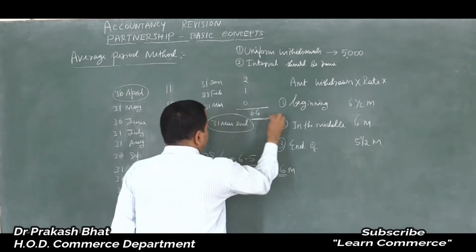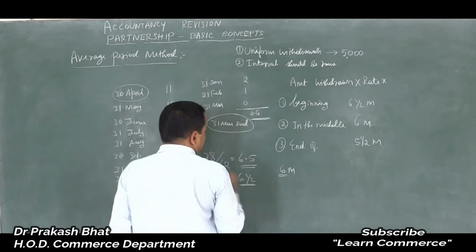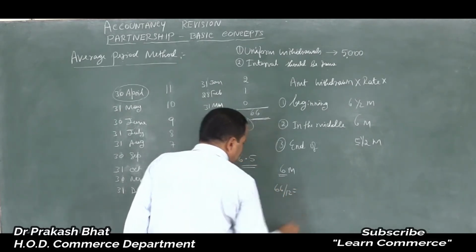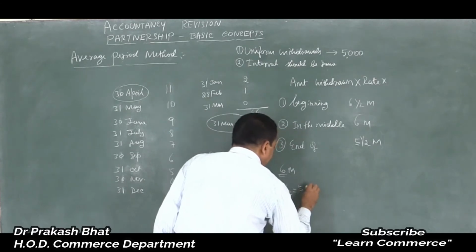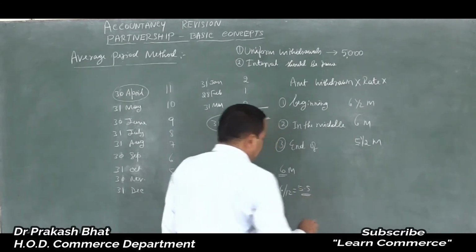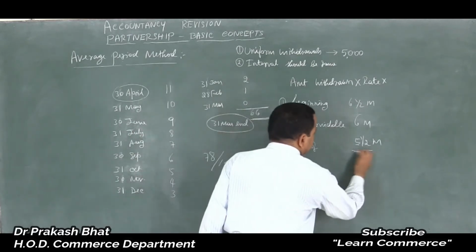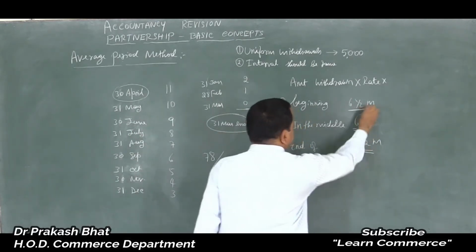Now divide by the total number of months. How many months are there? 12, right? 66 divided by 12, 5.5. Am I correct? Yes. So I took it as 5.5, 6 months, 6.5 months.